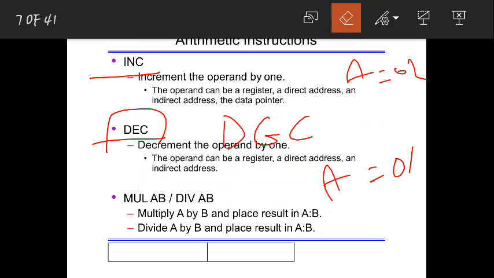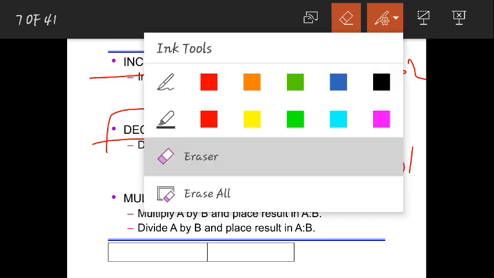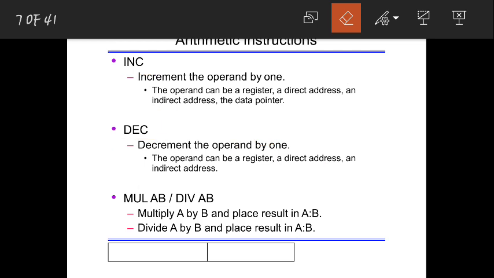If you take some register like R0 instead of A, the same thing happens: whatever content is present in it will be decreased by 1. Let's see an example for indirect address.